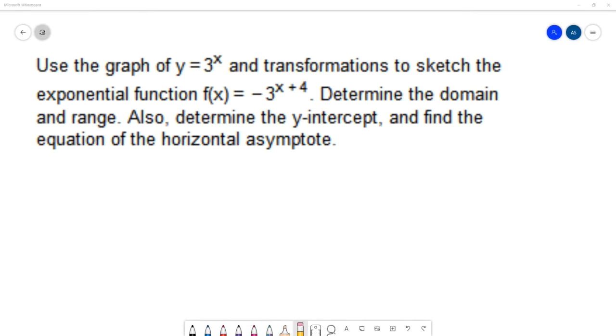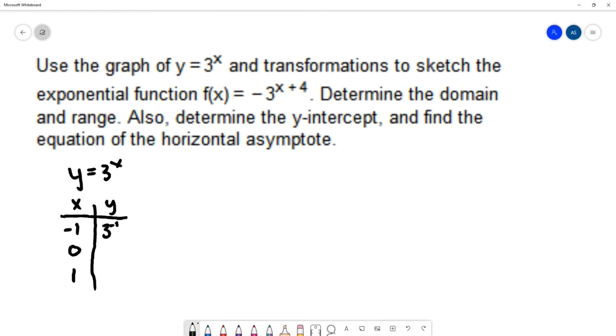So in this question, I want to start off by getting the points that are on the original graph. So we have our base graph of y equals 3 to the x, and let's choose the points -1, 0, and 1, and we'll substitute that into our equation.